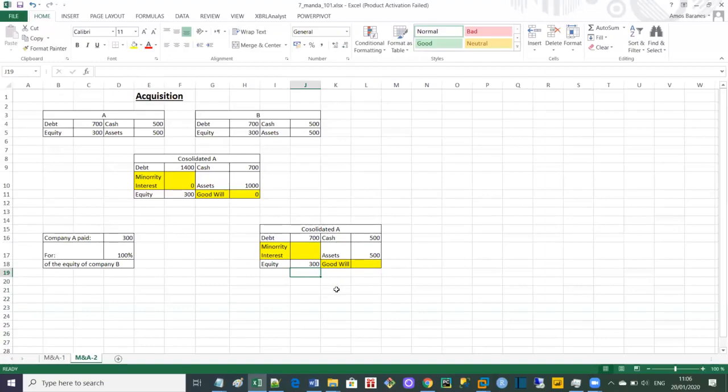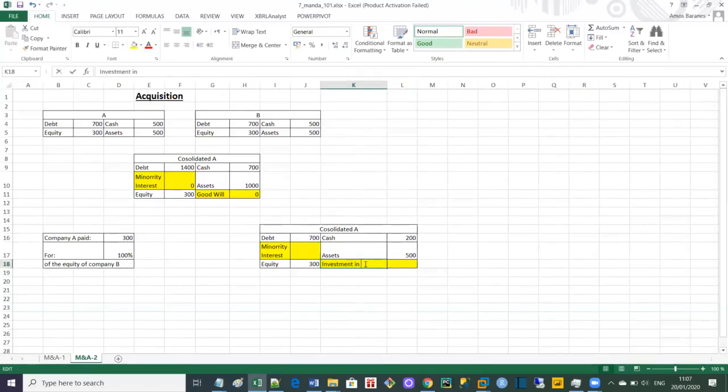Now, what happened? Company A paid 300 for company B, therefore they are left with 200. I should add another account here and call it investment in B, meaning how much I'm investing in company B. They invested 300.